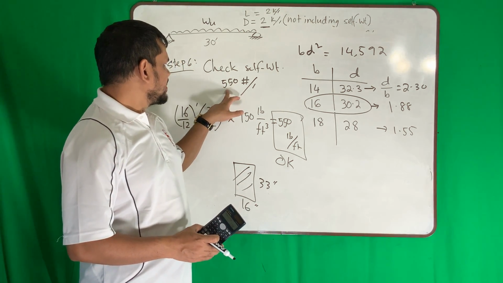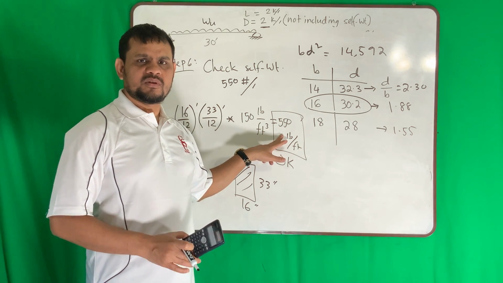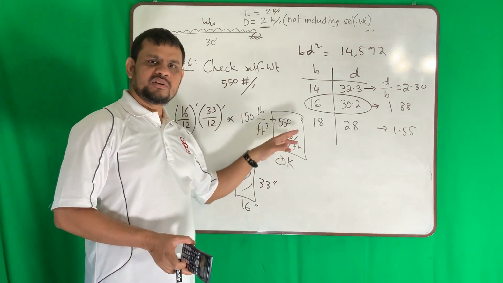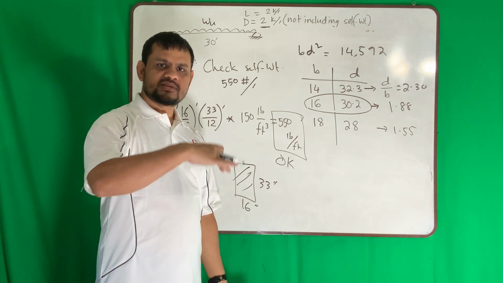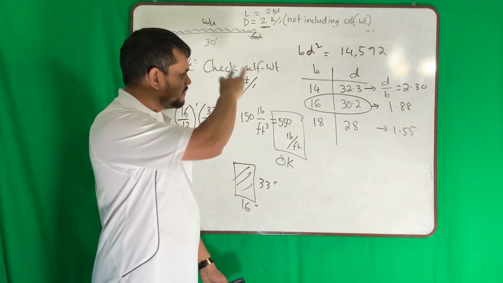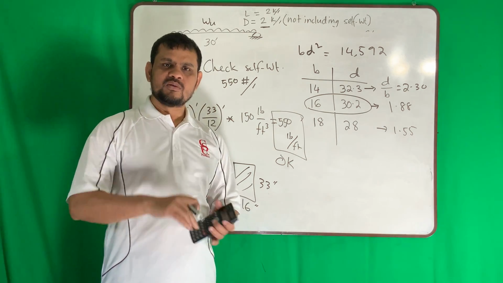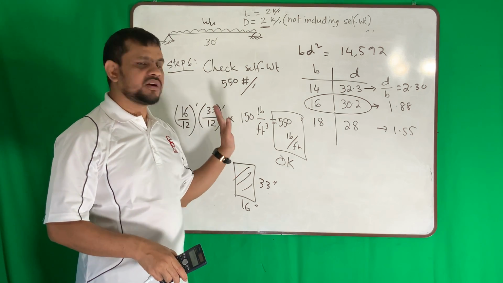If you assume 550, you got here 450. Is it a problem? No, you are on the safe side. But if it is more, I will recommend to go back to step number 1, increase your self weight, calculate load, everything. So design is always a trial, a loop. But luckily for our case, we are okay.